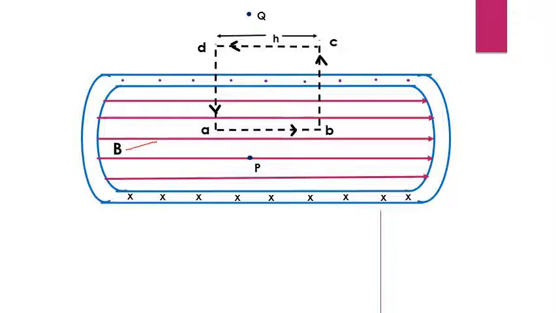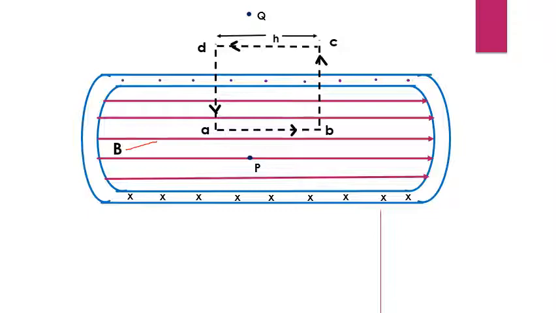The dots represent the current coming out, and crosses represent the current entering into this surface. So this is the direction of current flowing in all the loops of the solenoid.